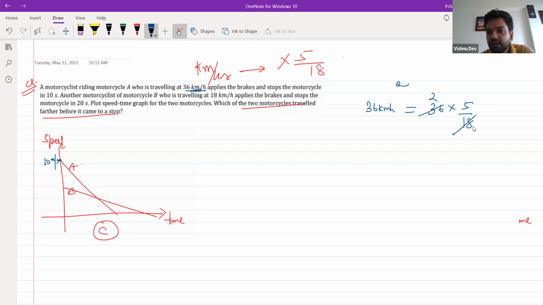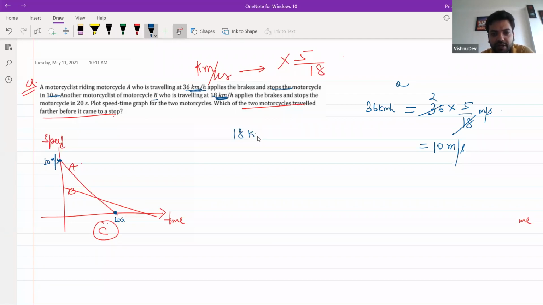It applies the brake and stops in 10 seconds. So you can see its speed becomes 0 at this point and the time taken is 10 seconds, right?